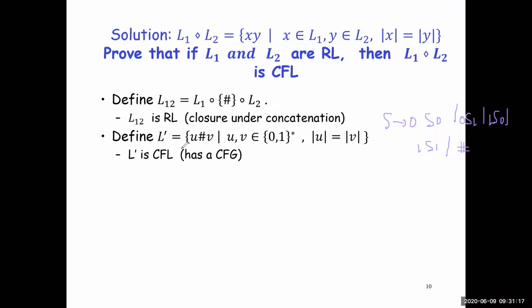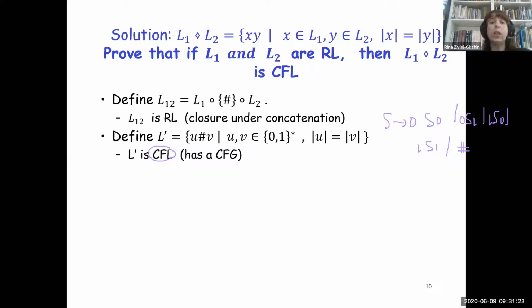So assume L1 and L2 are built only of zeros and ones in this case. Yes, sorry, it was given; maybe I eliminated it. It was given that all three languages in this exercise are over the alphabet 0, 1.